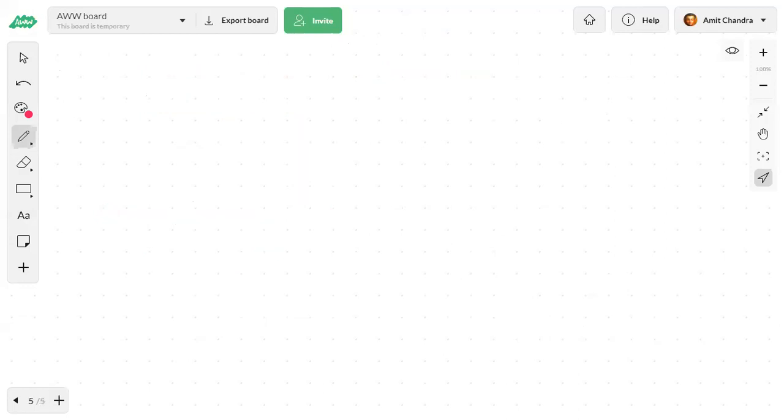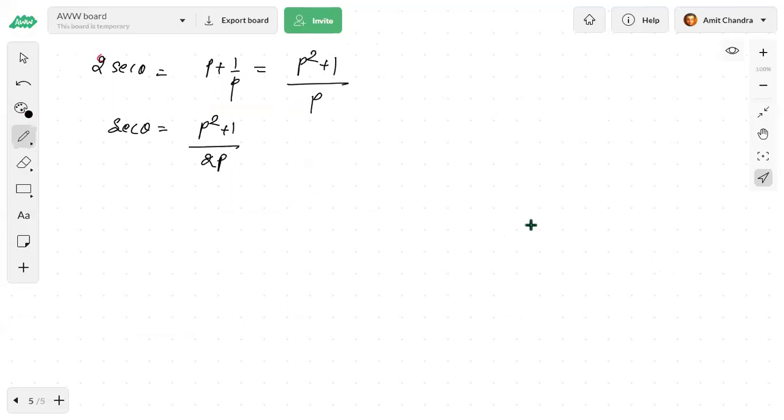Fine. So this is 2 sec theta is equal to p plus 1 by p. So this will be p square plus 1 by p, right? Sec theta is equal to p square plus 1 by 2p. If I take the reverse, so this is 1 by cos theta is equal to p square plus 1 by 2p.